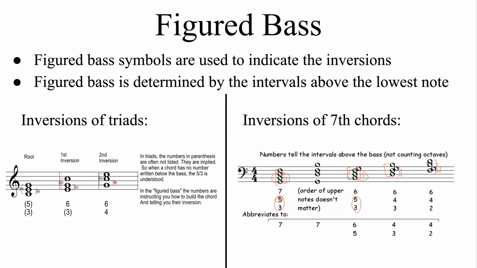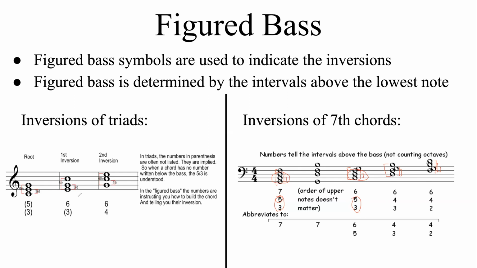It's like the second inversion. You're going to have to know that just by looking at the numbers, which is why I'm telling you to memorize this right now, because you're not going to have all of this drawn out for you all the time.